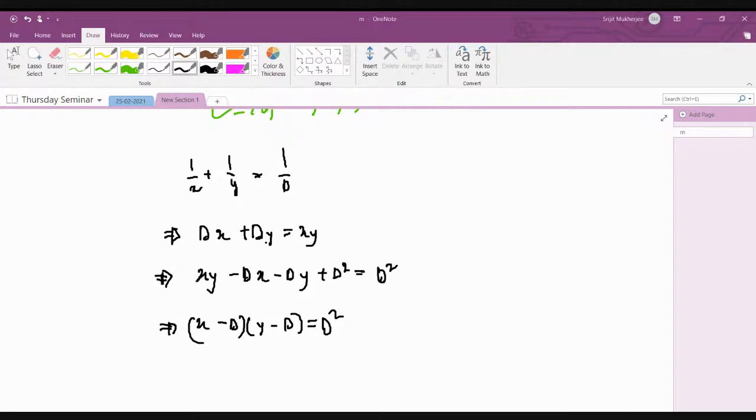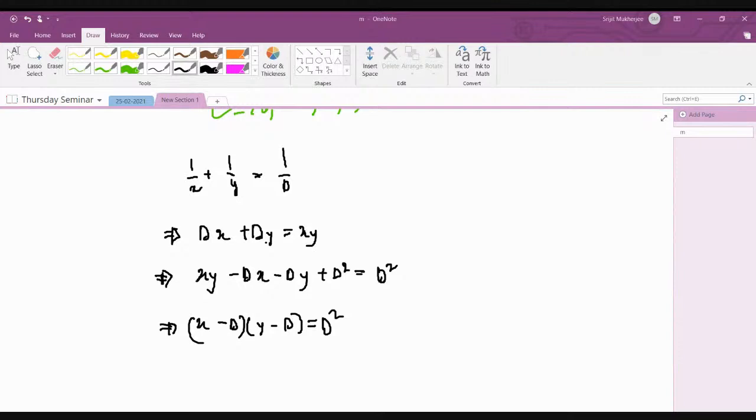So essentially, what is the generalized solution? What is the way of approach now?